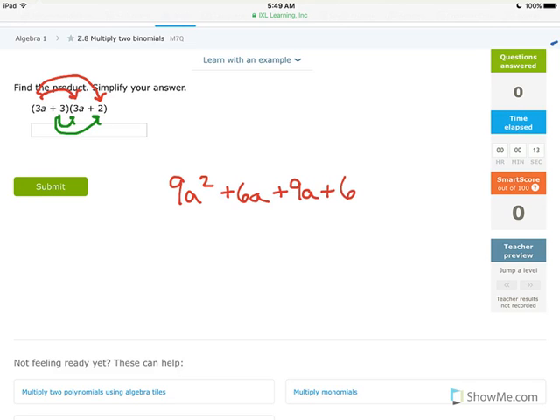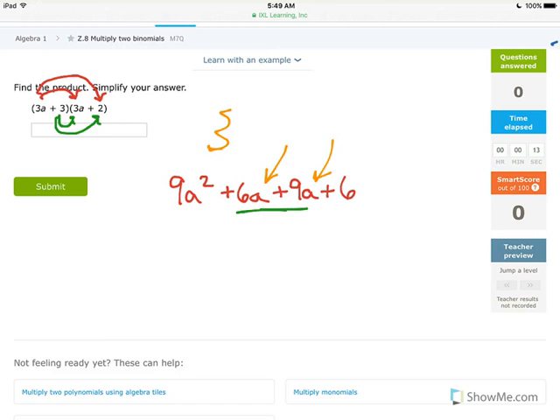So this would get everything multiplied against everything else, so double distribution, and then look for those middle terms to combine. So if you have 6a and 9a, those are going to be like terms since they have the same variable part a. So they have a different variable part than the a squared.